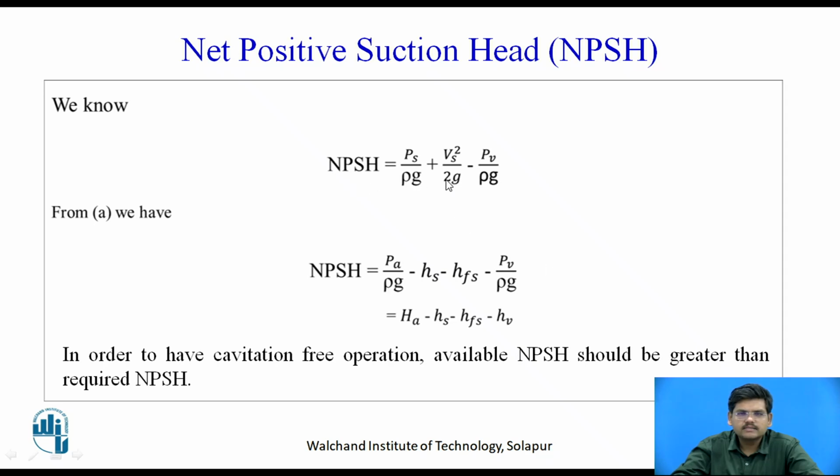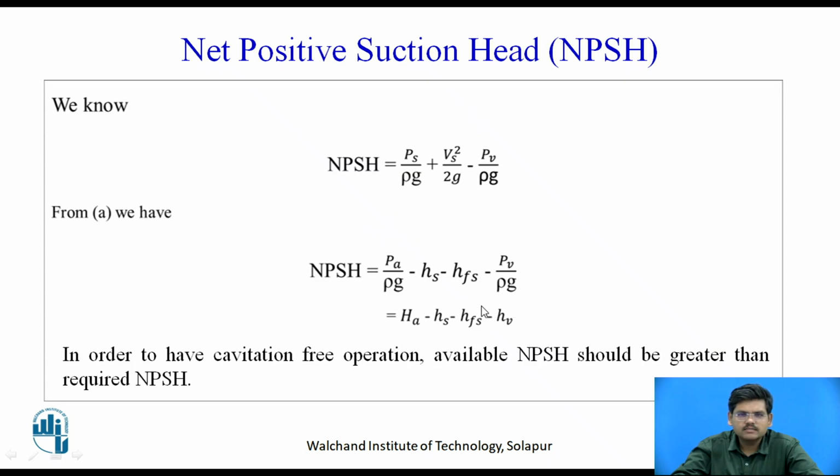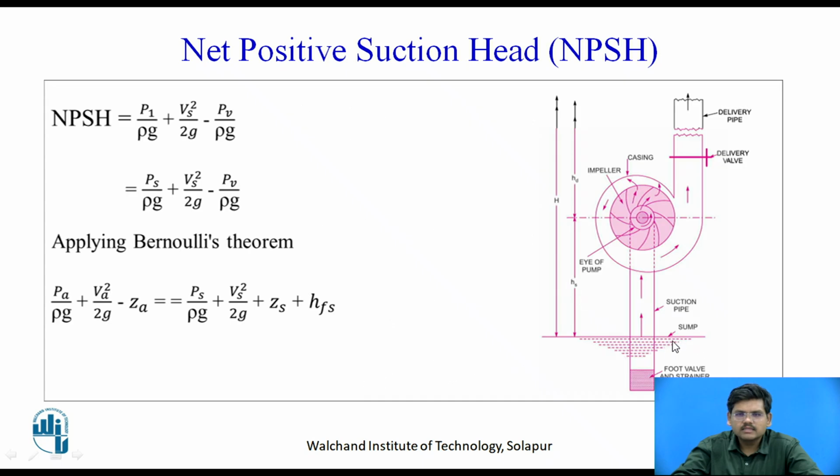Further, we know that NPSH is this. Substituting this value of Ps upon rho g plus Vs square upon 2g, that is equation A, into this, we get Pa upon rho g minus Hs, that is suction, minus Hfs minus Pv upon rho g. Now here we got Hs because Zs minus Za here in the diagram, this is Za and this is Zs, so difference is Hs, suction.